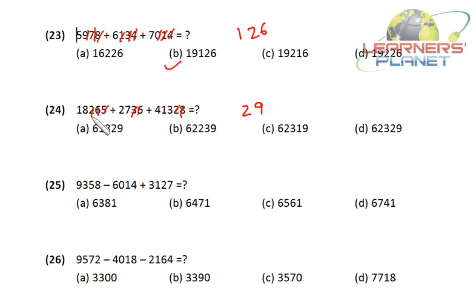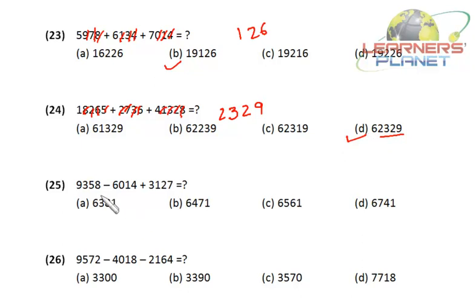That 1 plus 2, 3, plus 7, 10, and 3, 13. Okay, further I'll be having 1 plus 8, 9, and 2, 11, and 1, 12. Okay, so 62329. We don't have this in any other options, so this must be the correct choice.